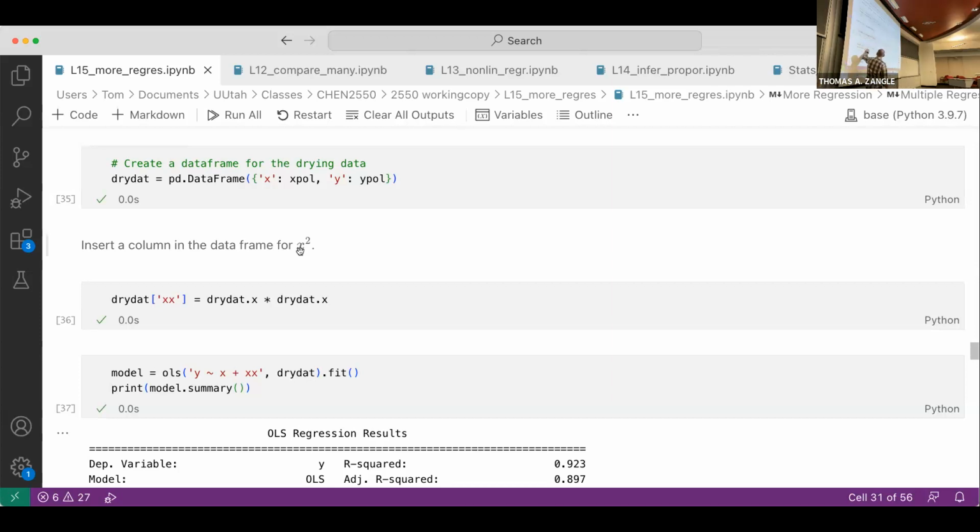Remember, when we're using the OLS framework, we tend to write out our model in text form, based on the names of the columns in our data frame. And so our OLS model is seeking to fit y as a function of x plus this x squared. We're not telling it what we're calling the coefficients; it's going to figure out what those coefficients are for us.